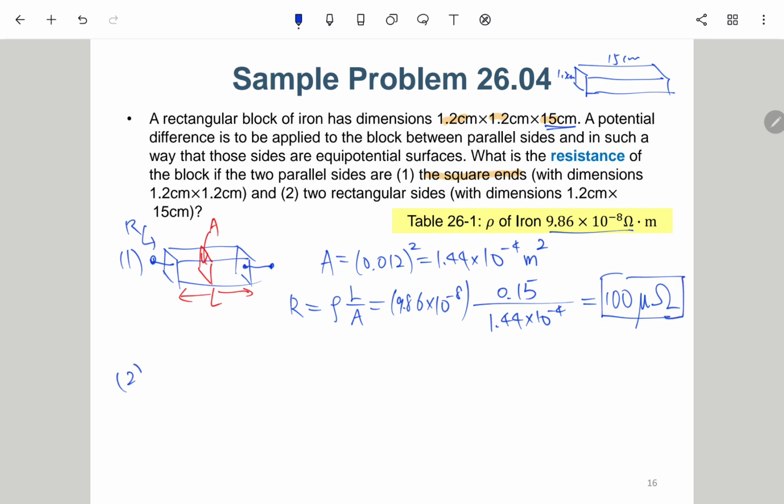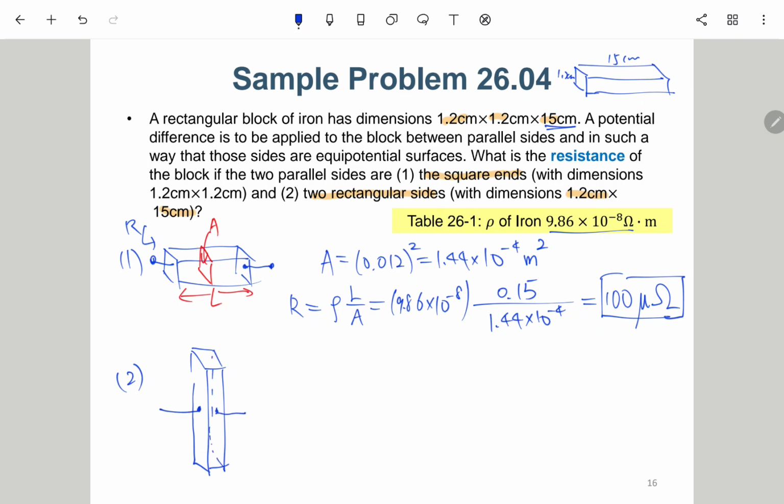For the second case, you try to use it in a different way: the two rectangular sides with dimension 1.2 times 15 centimeter squared. So this time it is something like this, we use it like this.